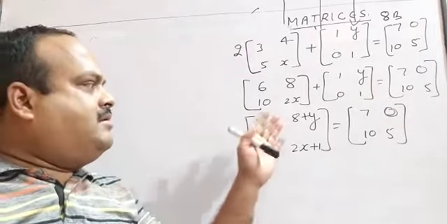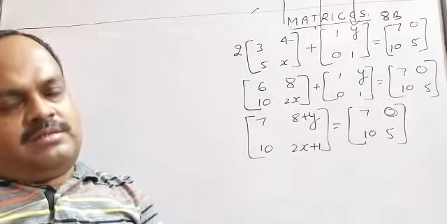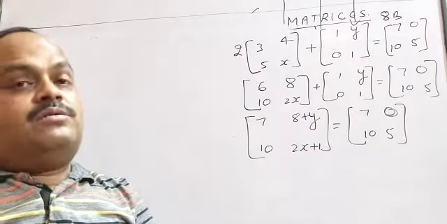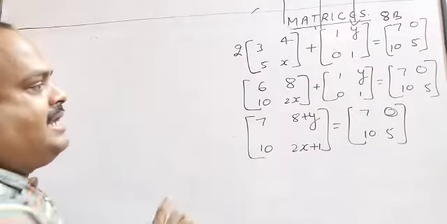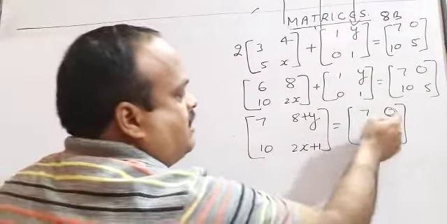We see that we have got two matrices equal. So what do we do? We compare their elements. 7 is equal to 7. 8 plus y is equal to 0.